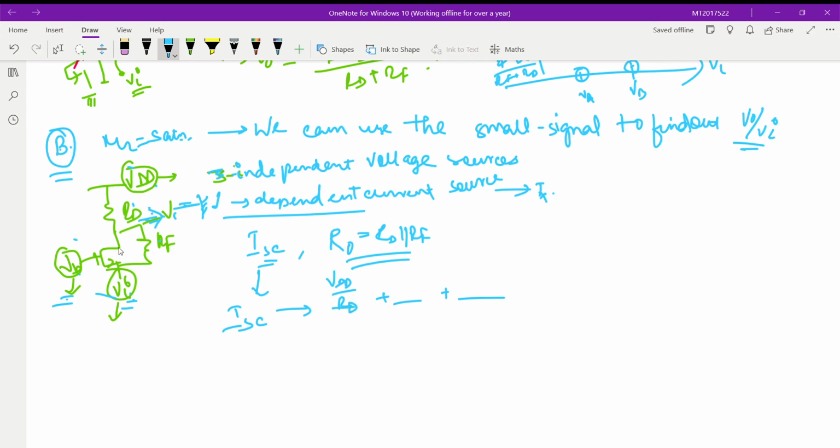Now turn off VDD, turn off VB, keep VI on. If we turn off VB and just keep VI on, then the current flowing here will be VI by RF.